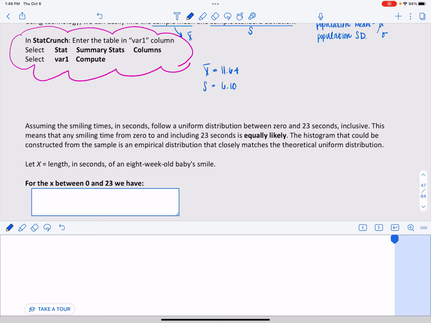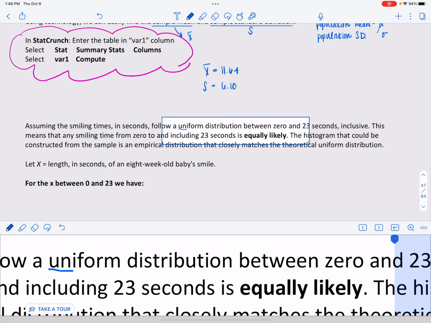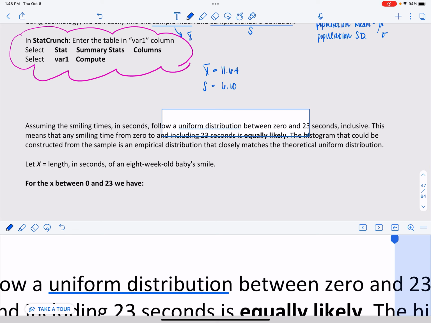So we are still using that chart up above. It is a table with data showing the smiling times in seconds for 55 8-week-old babies. So assuming the smiling times follow a uniform distribution, this tells us the shape of our graph.